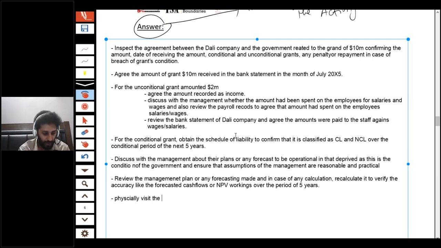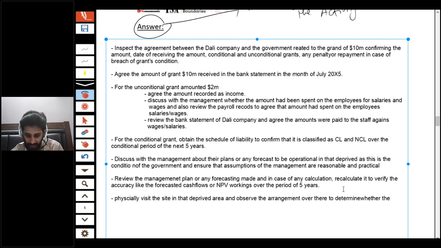So physically visit the site in that different area and observe the arrangements over there to determine whether the site will be operational for the next 5 years.